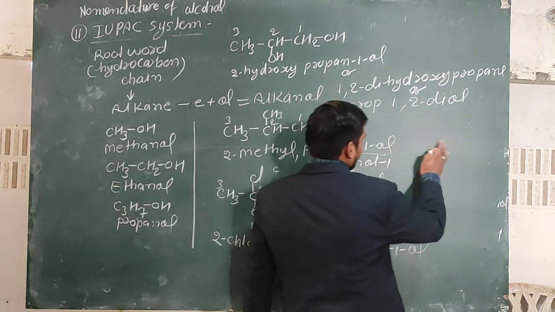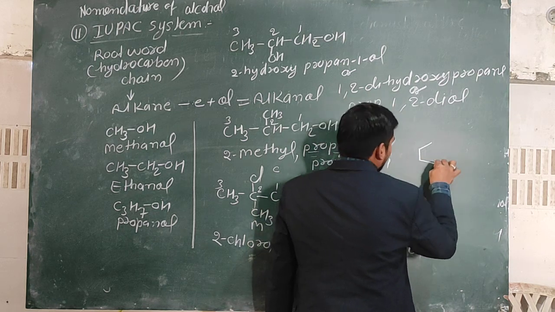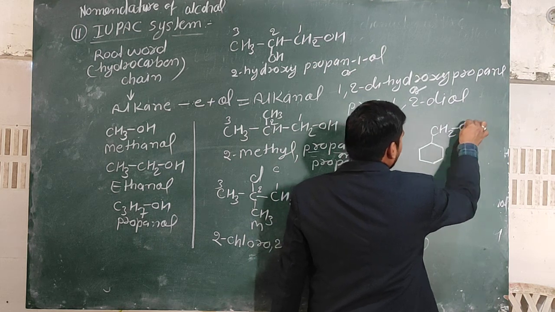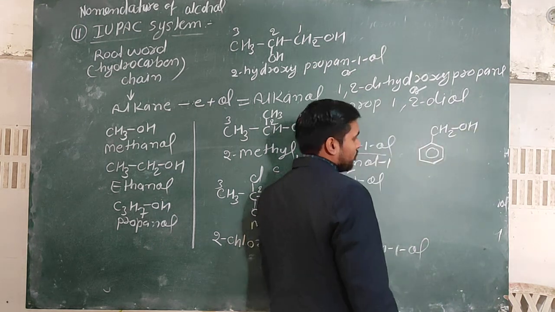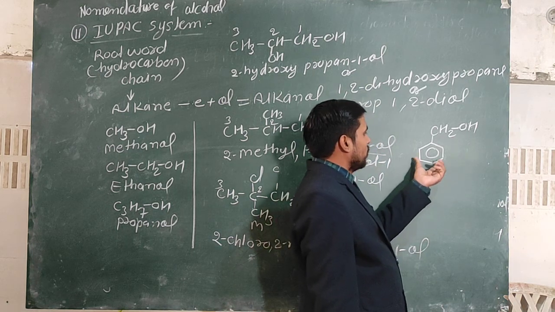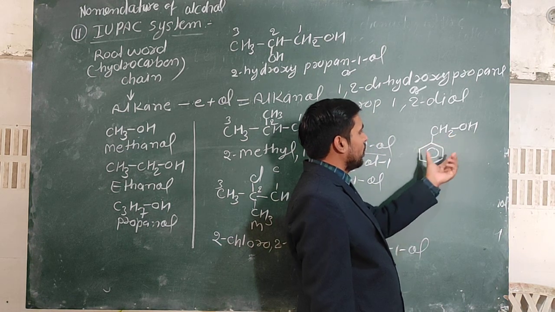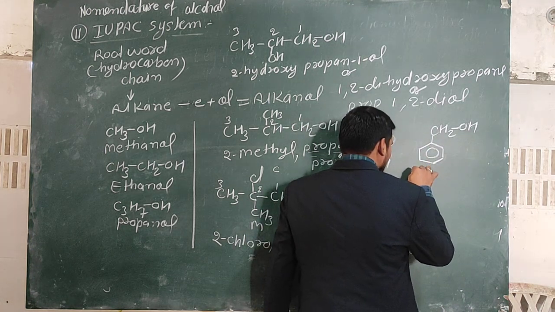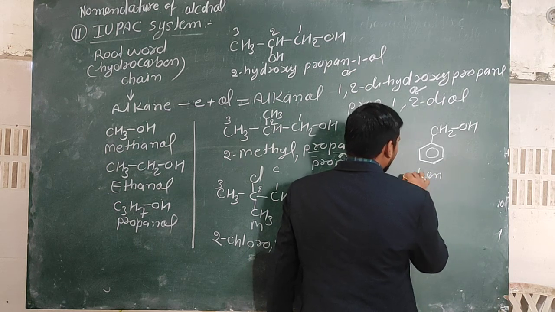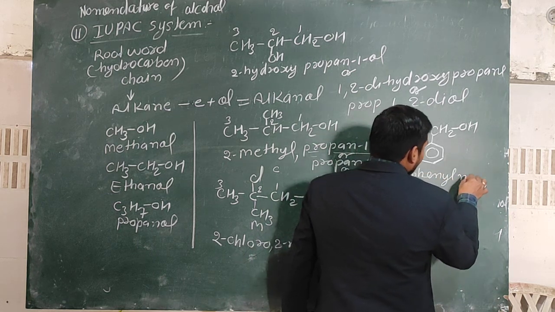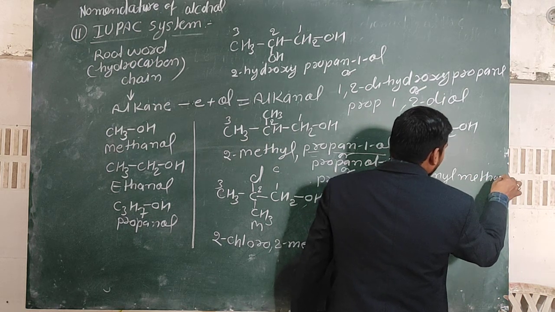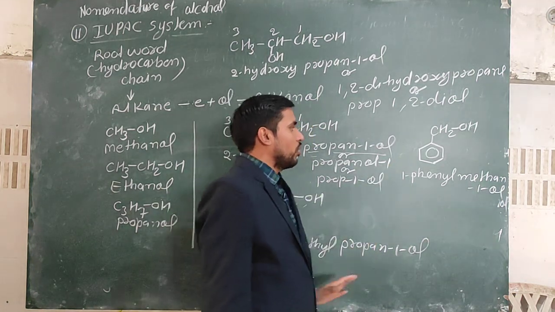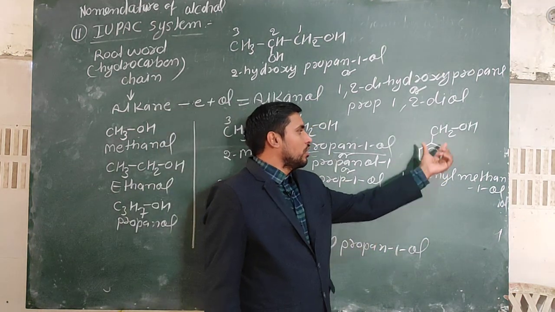In your examination, you can see that when a benzene is directly attached with an OH group, then its IUPAC name is 1-phenyl methanol, or 1-phenyl methane 1-ol, or 1-benzyl meth-1-ol.